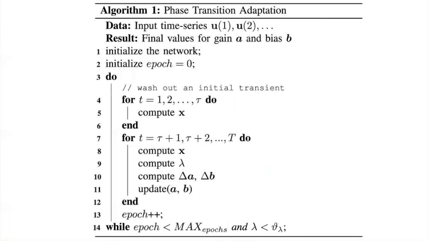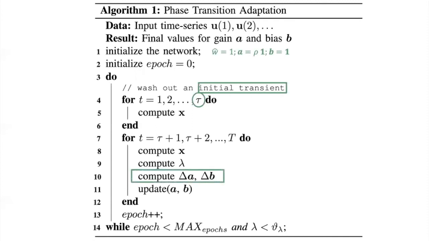Okay, and then we achieve a training algorithm that is summarized in this slide, where the algorithm starts by initializing the ring reservoir with appropriate values. And then for every epoch, the algorithm first discards an initial transient of length tau, as usual in the case of reservoir computing. And then for each time step after the transient, the algorithm updates the value of A and B, which actually requires a number of intermediate steps.